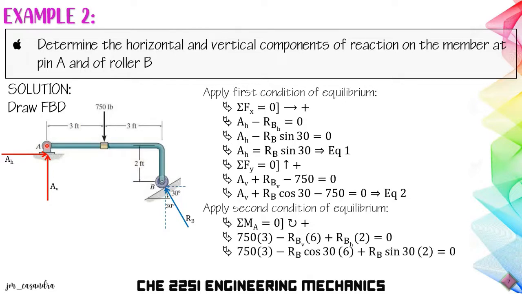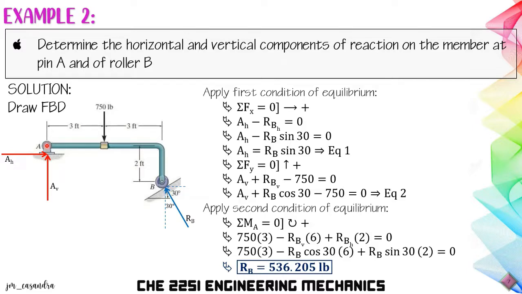So simplifying, we will have 750 times 3 minus RB cosine of 30 times 6 plus RB sine of 30 times 2 equal to 0. So from this equation, we will be able to solve for the value of RB, or the reaction at support B, which is 536.205 pounds.